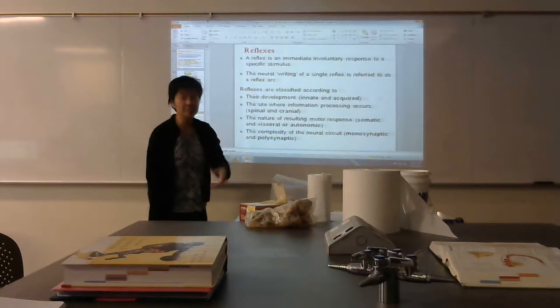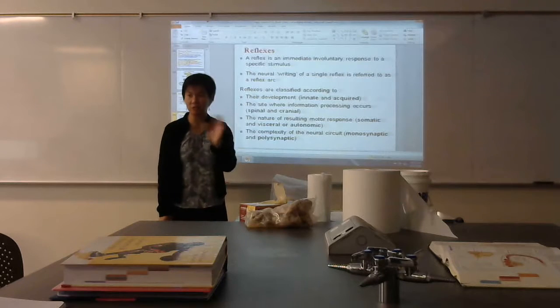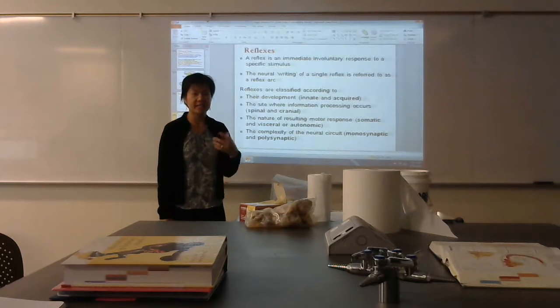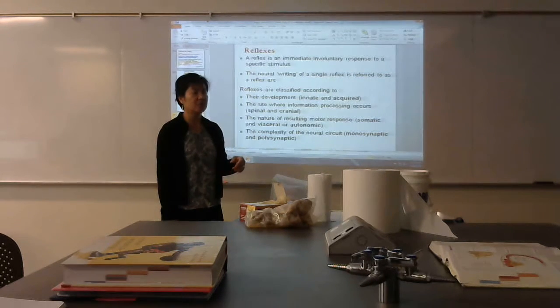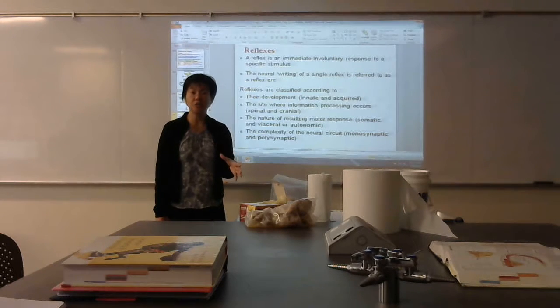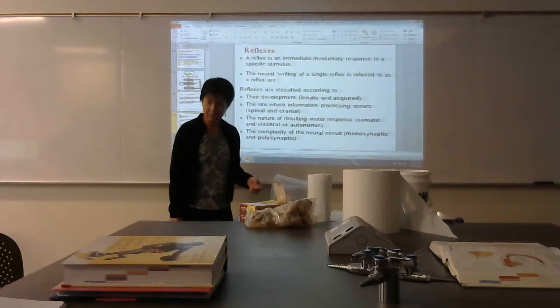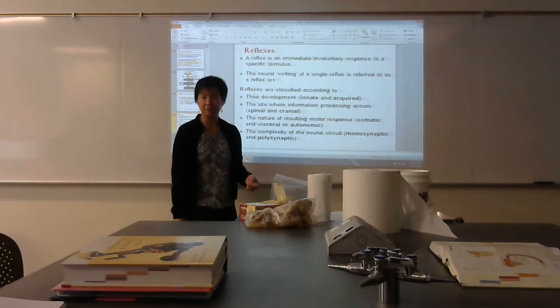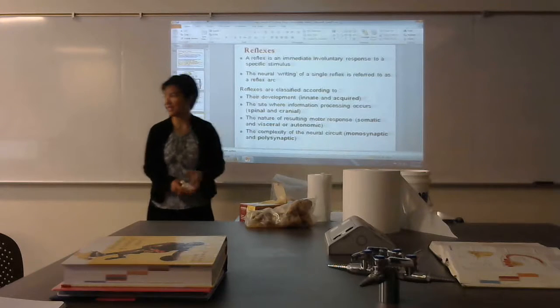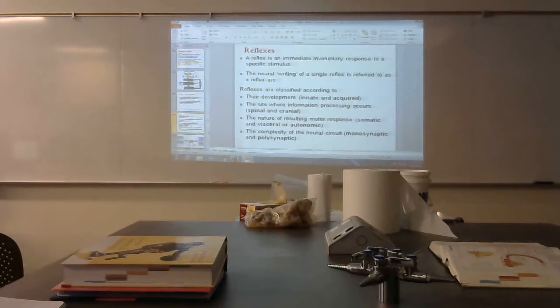So it's an automatic response and it's meant to maintain homeostasis right away. It's a lifesaver. Let's say you were holding something hot, you dropped it first before you said, oh, that was hot. Or you stepped on something sharp, you pulled your foot right away before you said, ouch. You see? This is like this one right here. We'll go back to this picture up here, which helps explain reflexes.